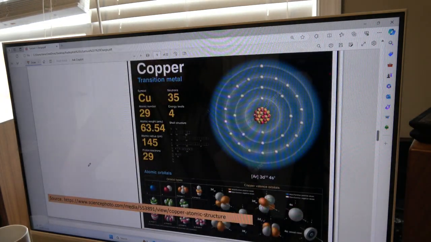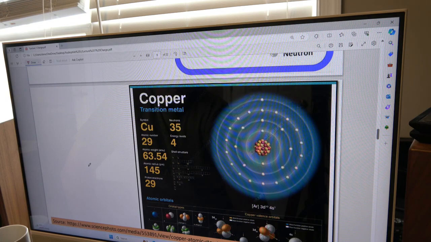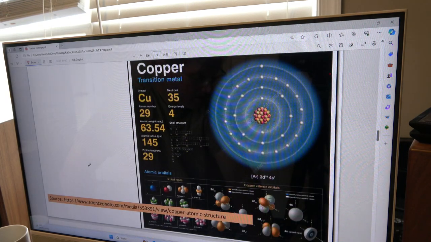Let's go to copper. Most of us know that copper is a very good conductor. It's not the best conductor, but it's cheap, and it's all over the place. So, copper is a good conductor. Now, as we can see here, copper has 29 protons and 29 electrons. I don't care about the neutrons.